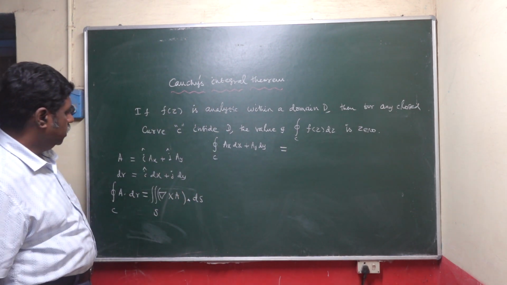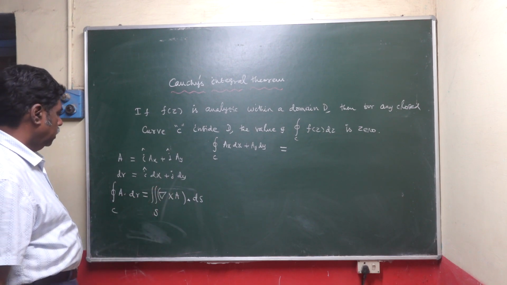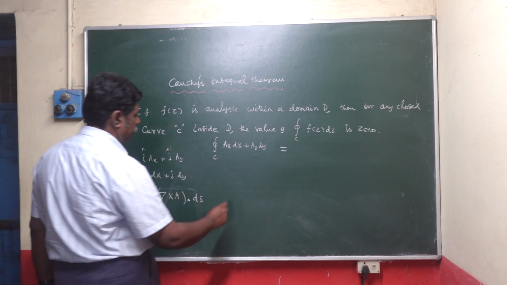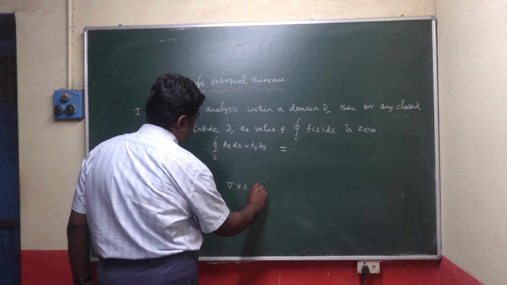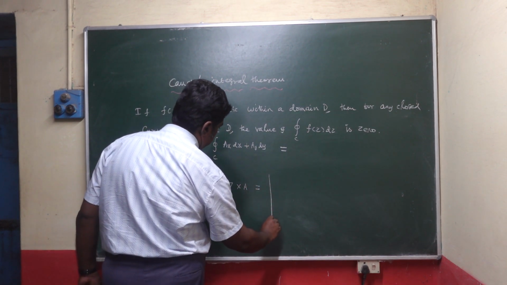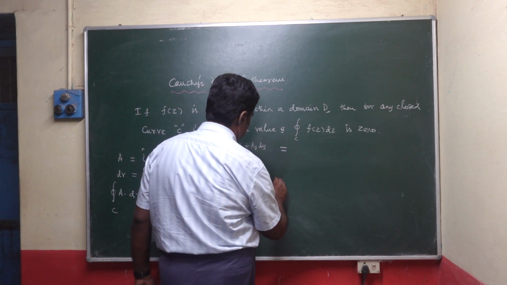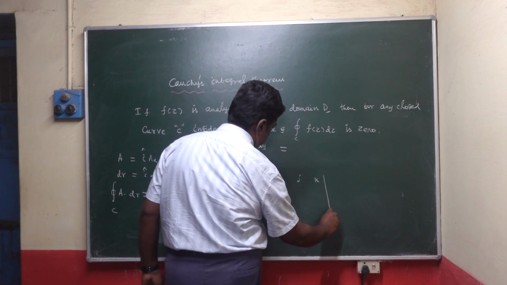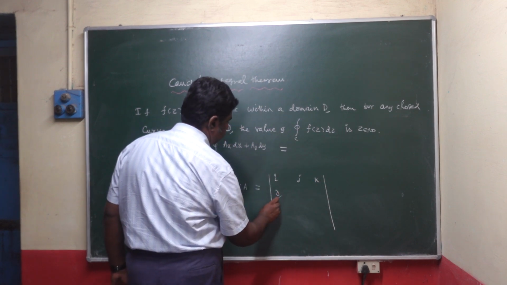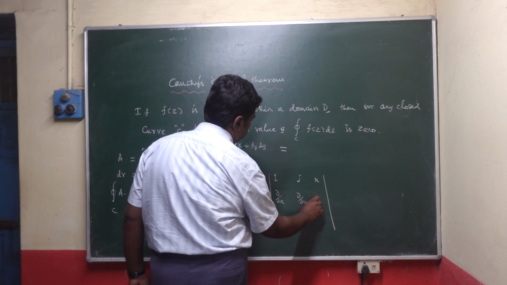Curl A dot dS. The value of curl A is determined with the help of determinant. It is i j k, operator dou by dou x, dou by dou y, 0.